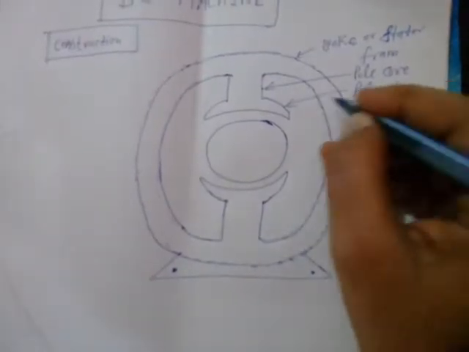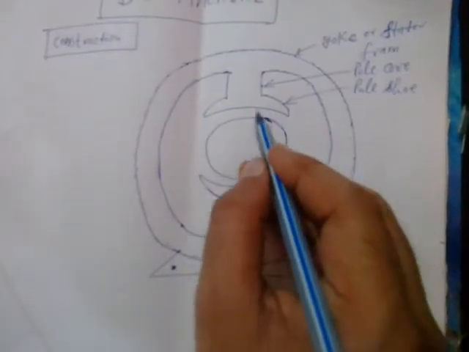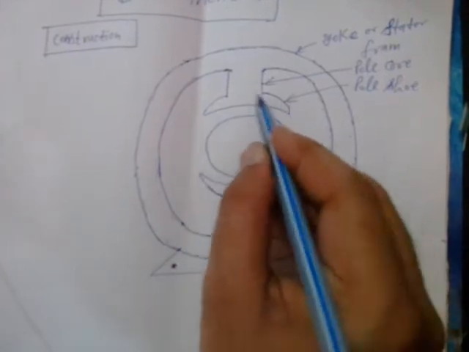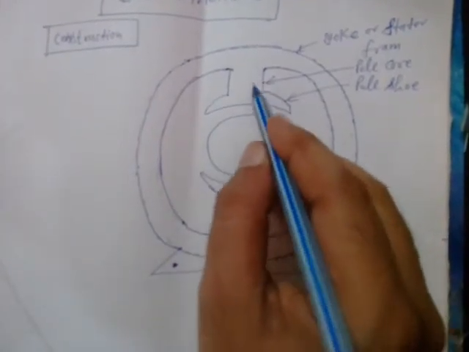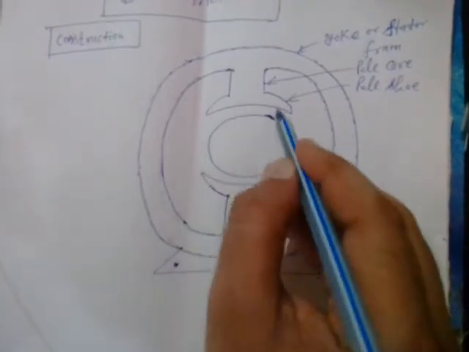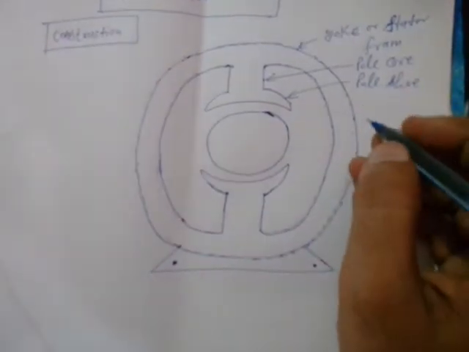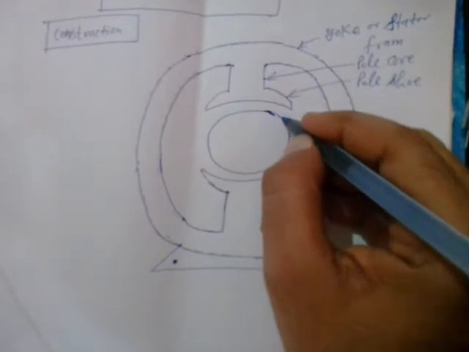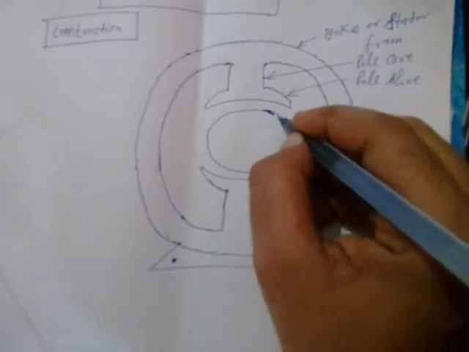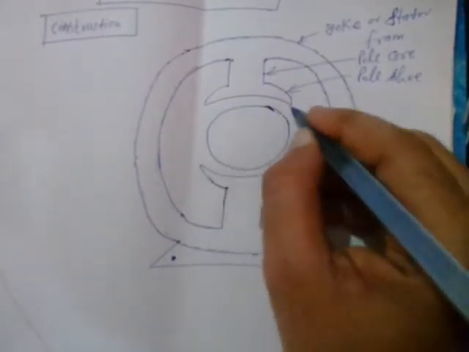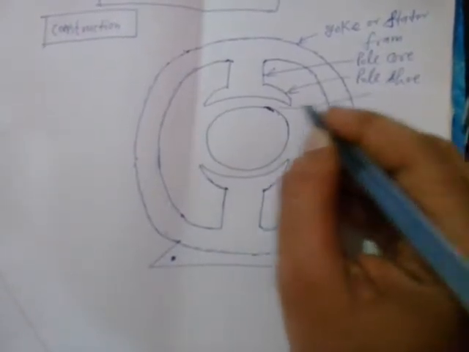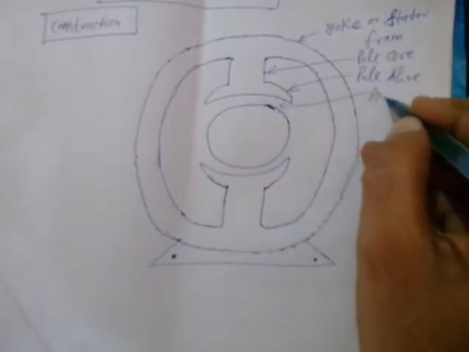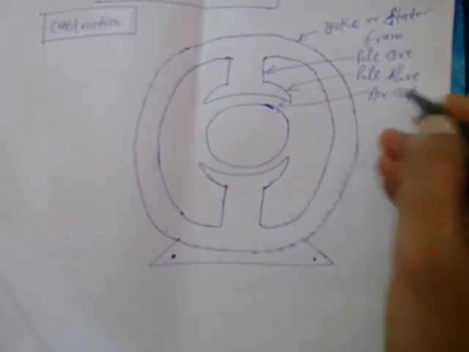It looks like a shoe, that's why we call it the pole shoe of the pole. Between this and this you will see the air gap. This is the air gap here and here as well, right? So this is the air gap.